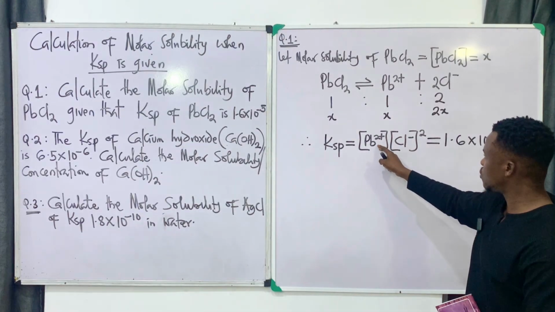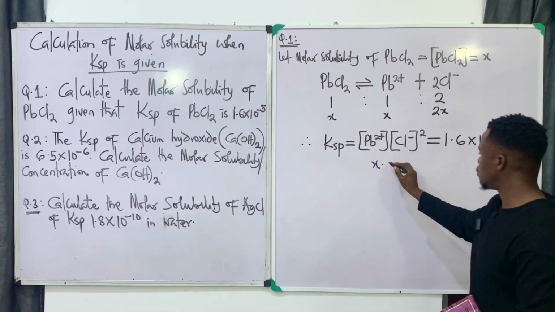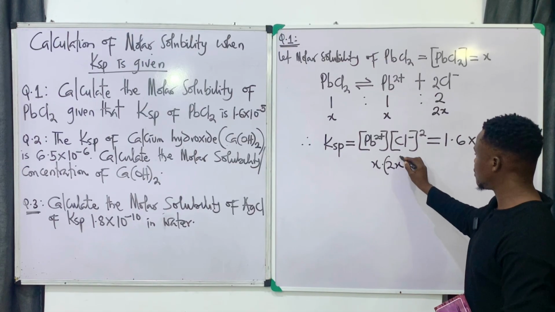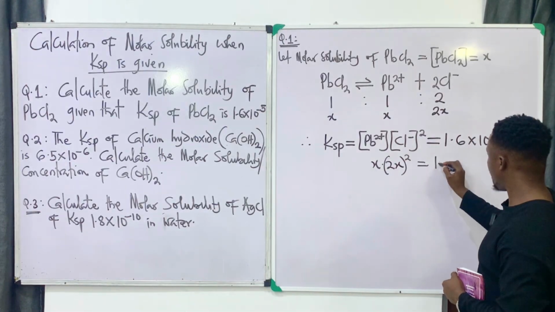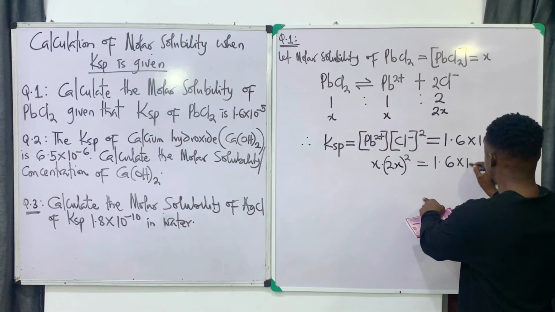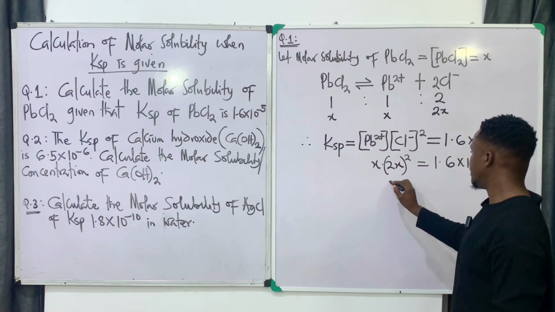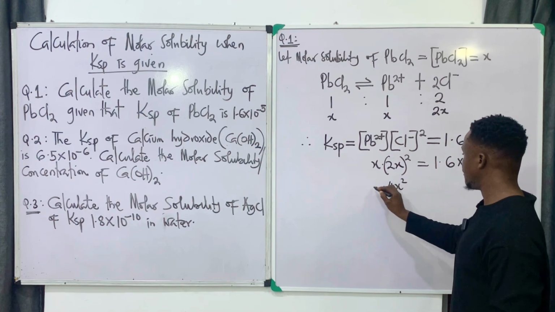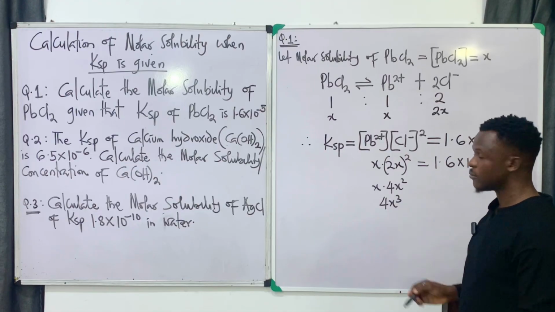Anywhere you see Pb2 plus, you put x. Anywhere you see Cl minus, you put 2x, but do not forget, you're going to raise it to 2. And this equals 1.6 times 10 raised to the power of minus 5. Now 2x squared is 4x squared. If you multiply this, this becomes 4x cubed.